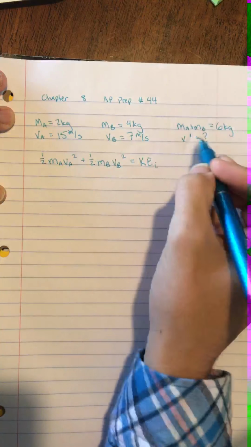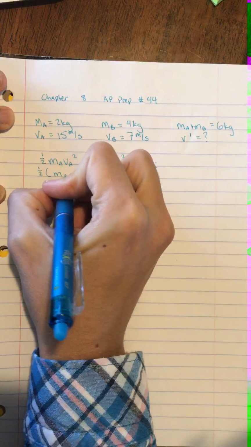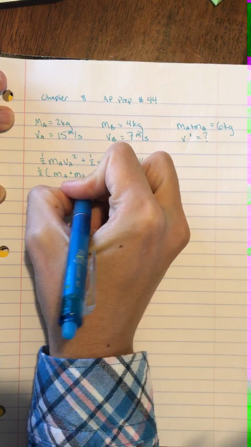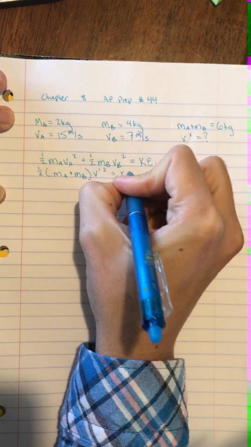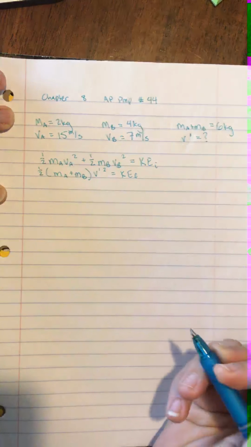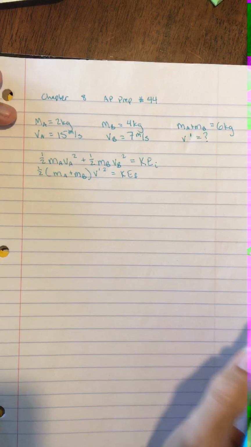And because everything's combined, we can say 1/2 MA plus MB times V prime squared equals the kinetic energy final. But we don't know V prime, so that's our starting point. We need to find that.